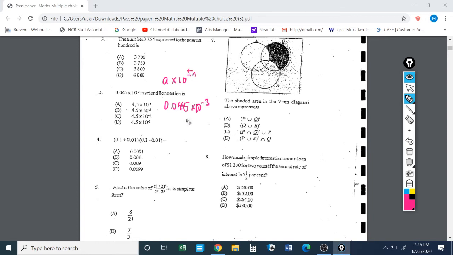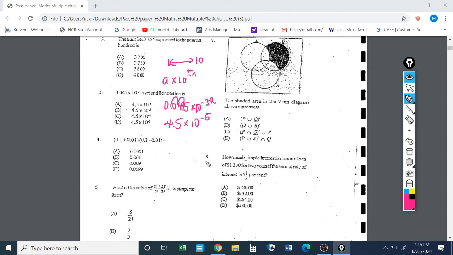In this case, we want it to be 4.5 because we need the a to be between 1 and 10. And we have 4.5 multiplied by 10 to the negative 5. So why is it negative 5, guys? I'm going to move the decimal point 2 places to the right, and I get 4.5 times 10 to the negative 5. I subtract another 2 from the negative 3, and I get negative 5.